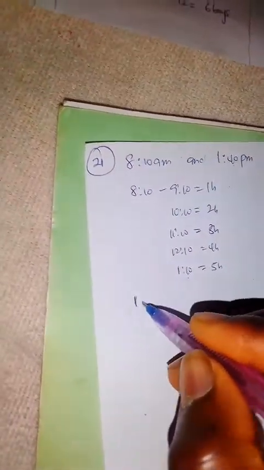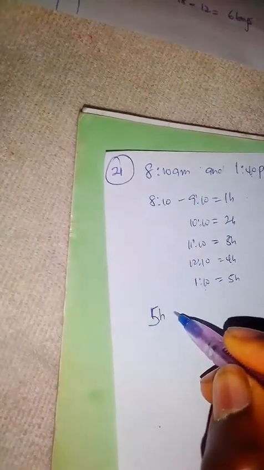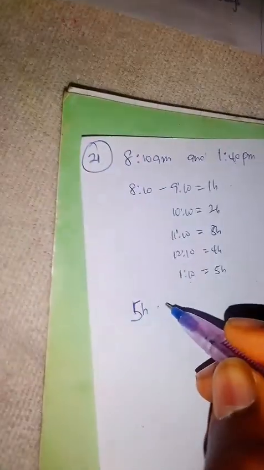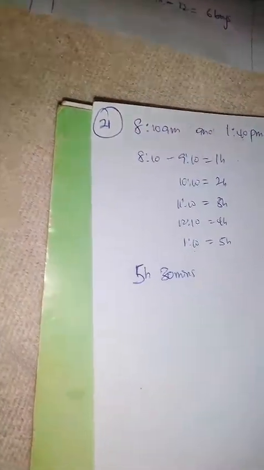Plus what to give us 40? That's plus 30 automatically. So he spends 5 hours 30 minutes every day in school. Now I want to know how many hours he spends in class.